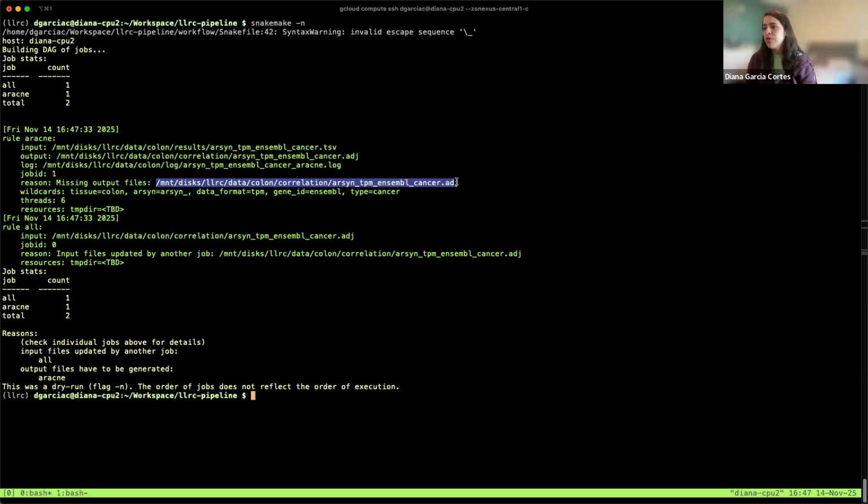I'm only asking it to calculate all the mutual information results, but only for one specific tissue and one specific matrix. Okay, and with Snakemake, you can tell the workflow how many threads it can use per task. So I'm gonna show you.